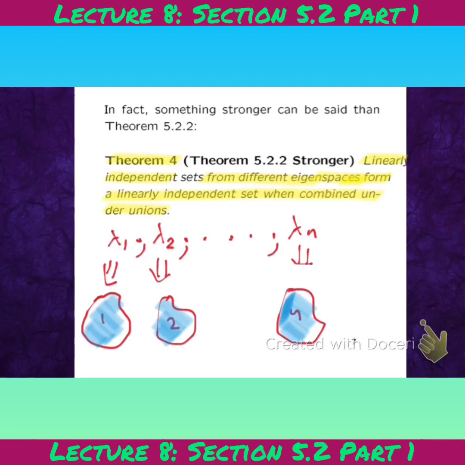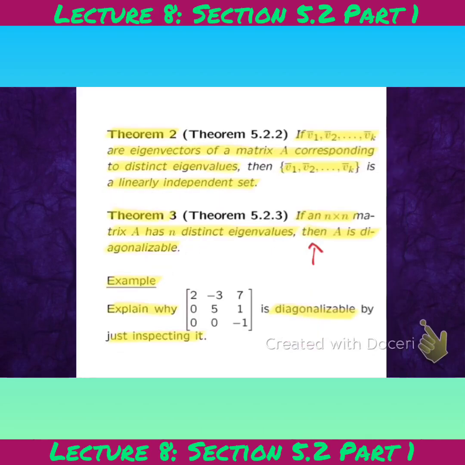Now, obviously, if you throw them together, it's still going to be a linearly independent set, because for each one of the blue sets, the vectors in that blue set are linearly independent amongst themselves. And then by Theorem 2, which is this theorem here, remember we said eigenvectors that correspond to different eigenvalues are always linearly independent.